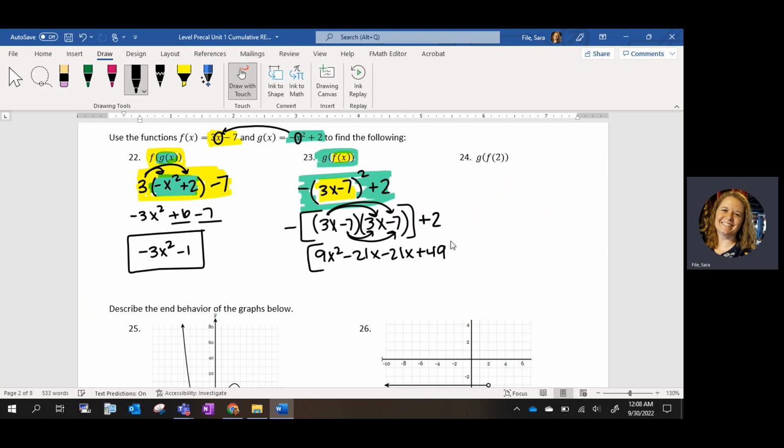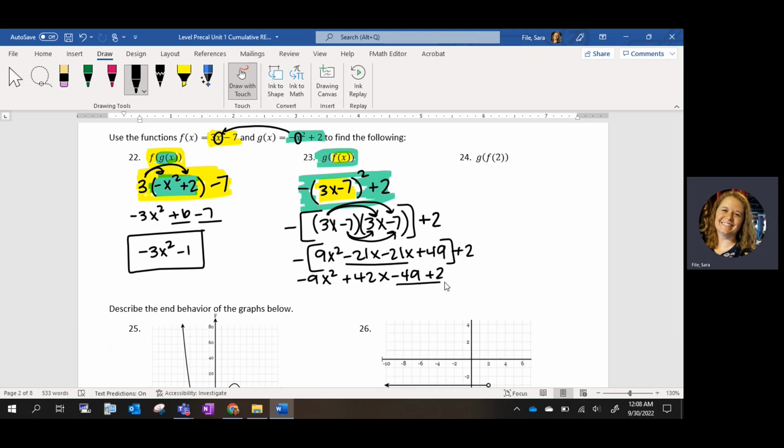Now remember, all of that has to have that negative distributed and then the 2 added. So distribute the negative first, so all the signs change. I'm going to go ahead and combine these. That would have been -42, but I'm distributing the negatives. It's going to be +42x, then -49, and then +2.